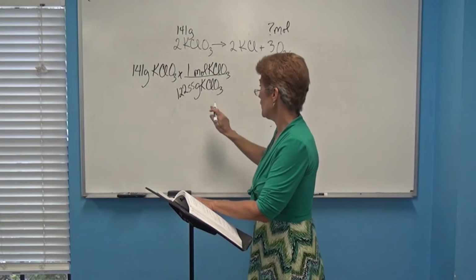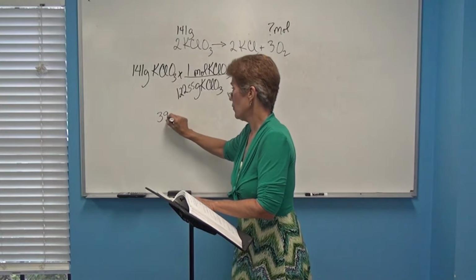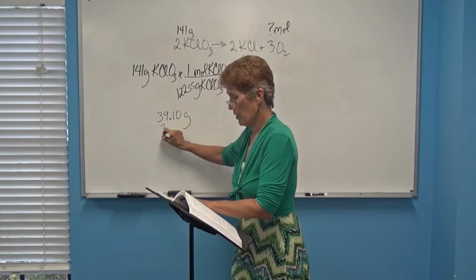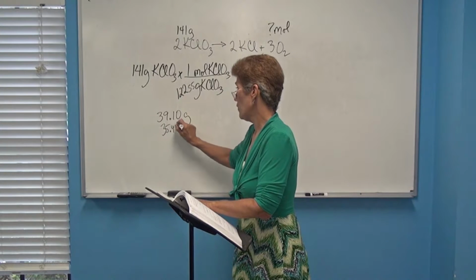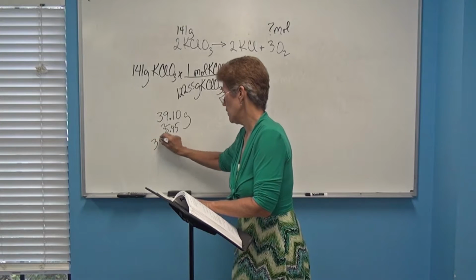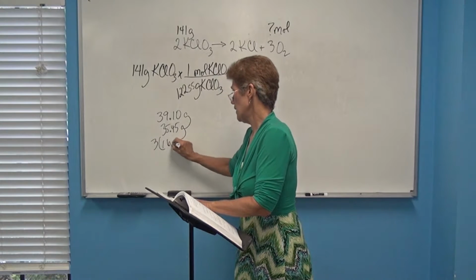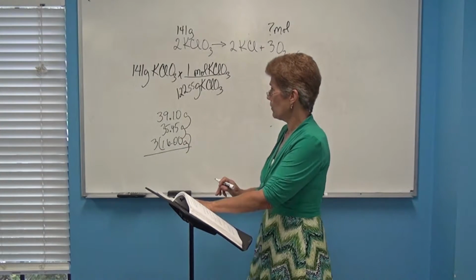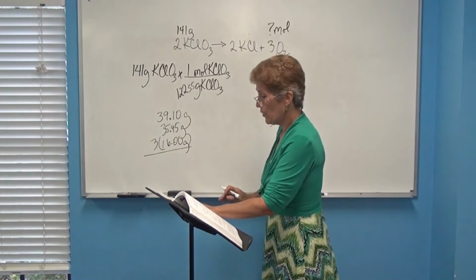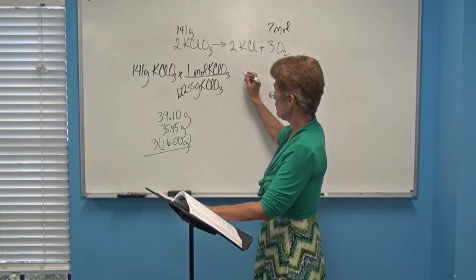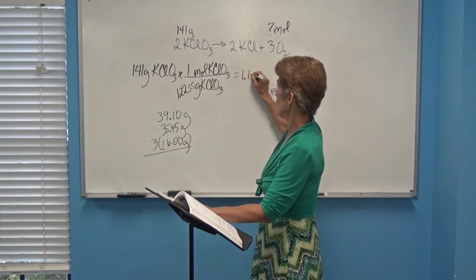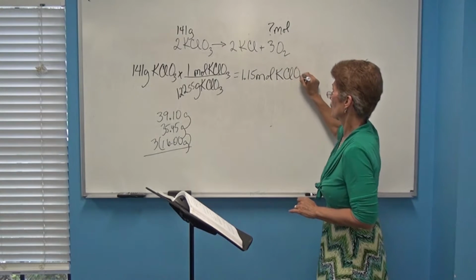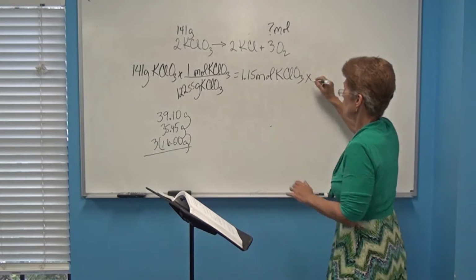And if you're having trouble with that, if you look this up, it's 39.10, and this is 35.45, and then 3 times the 16, that's where you get the 122.55. Okay, once you've done that, you have 3 significant figures, so your answer has to be in 3 significant figures. Now we're going to go across the mole bridge.